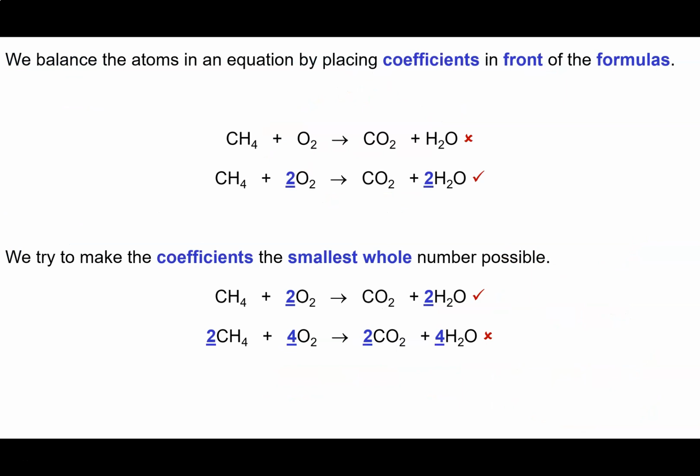So how we balance the atoms in a chemical equation is by adding one or more coefficients in front of some of the formulas. So this equation here is not balanced, and I can show you why. The hydrogens there, we have 4 on the left and we have only 2 on the right.